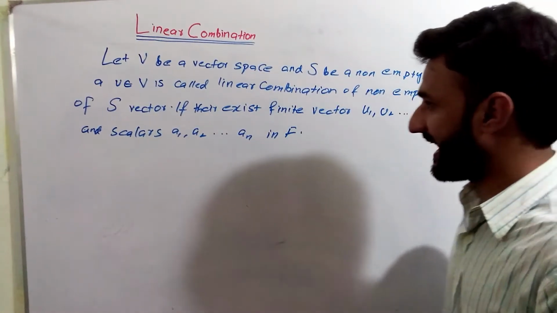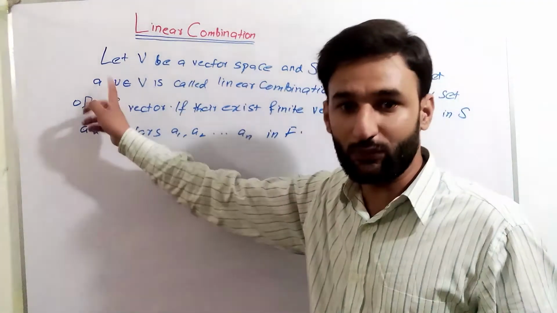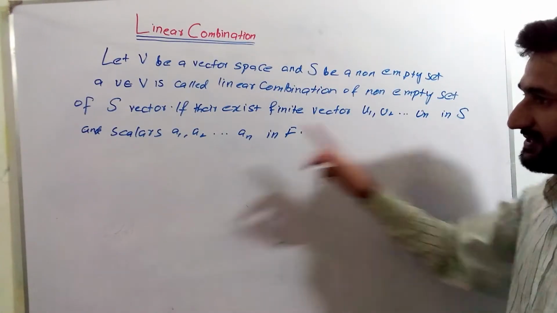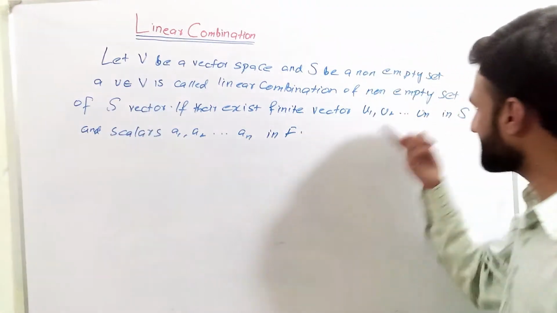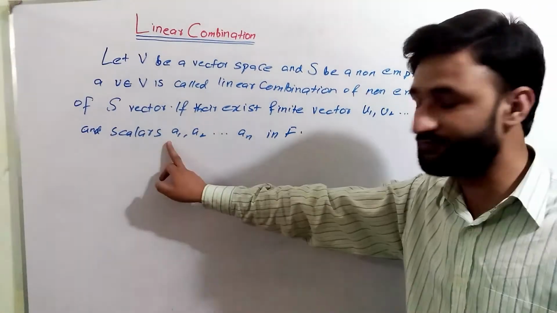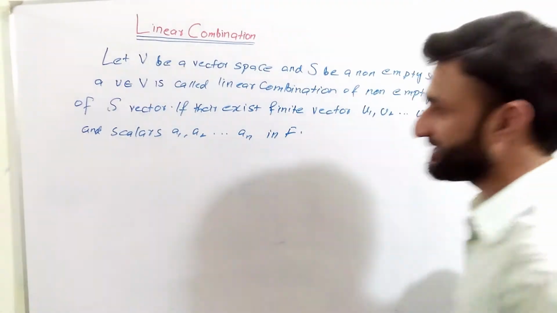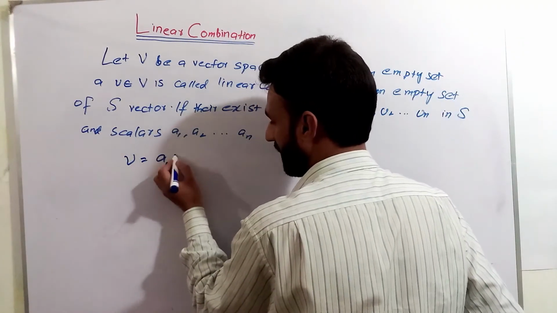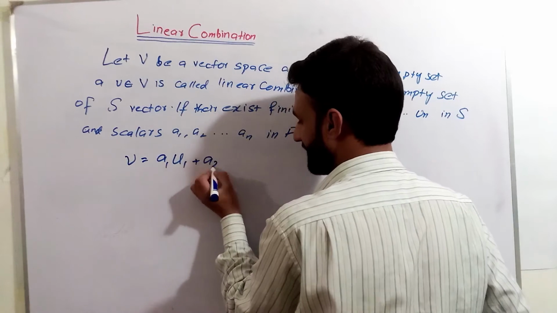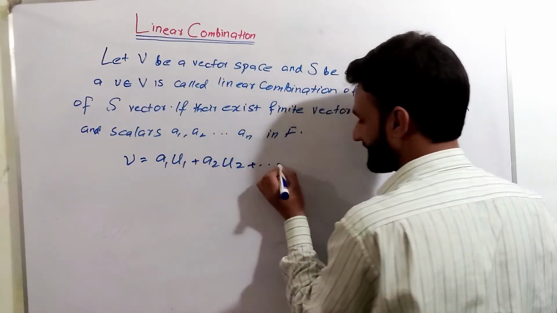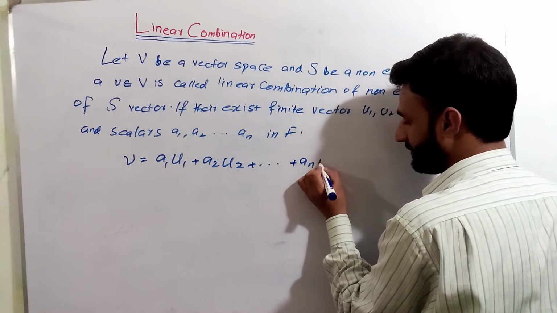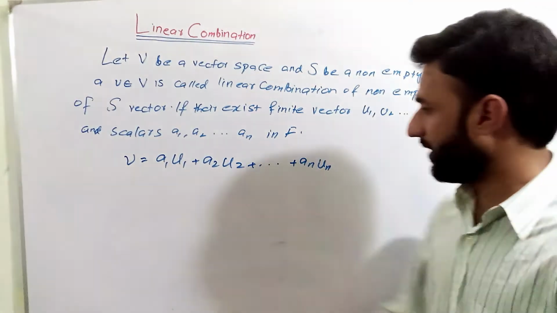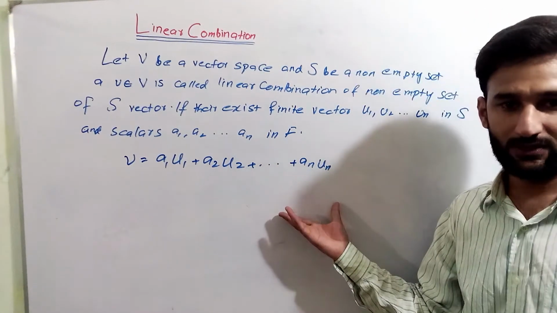Now, if you notice, we are talking about the small v vector. It can be written in terms of the non-empty set of vectors, in which we have some finite vectors and some finite scalars. So this vector can be written in the form v equals a1u1 plus a2u2 plus up to anun. Here is the definition of linear combination.